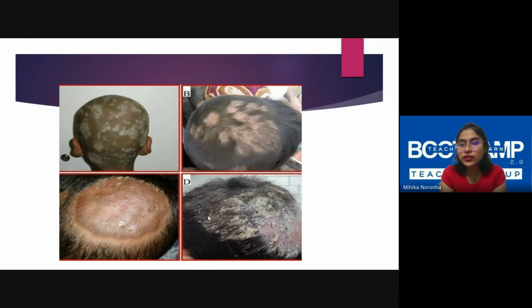Amal, can you describe picture C, that large round lesion which you see? If you at least tell me what's missing in that picture, which is supposed to be on the normal scalp, I'll be happy. Dhwani? If you all prefer, you can unmute and tell us.